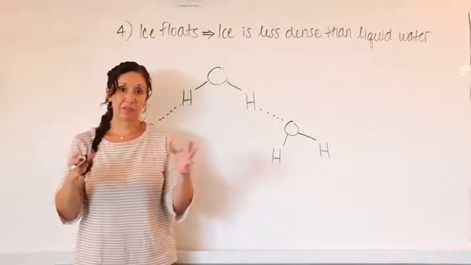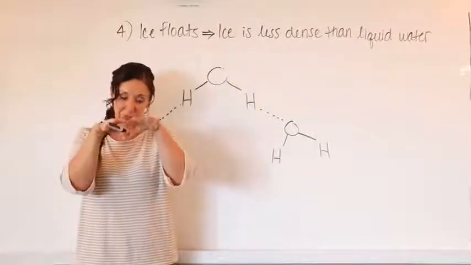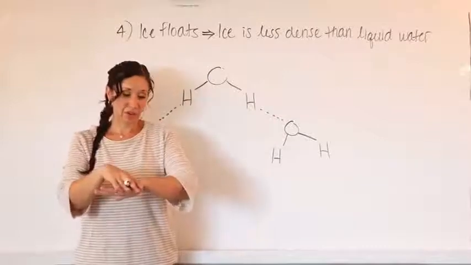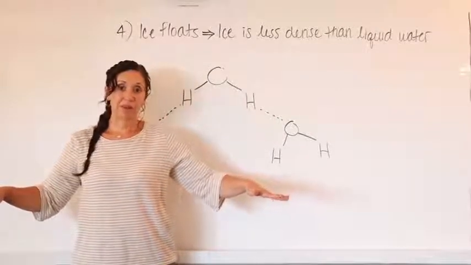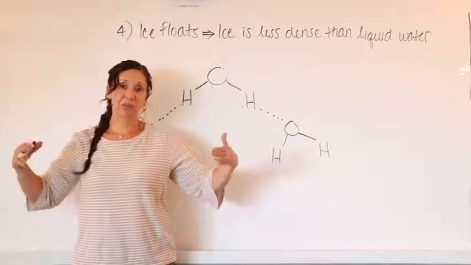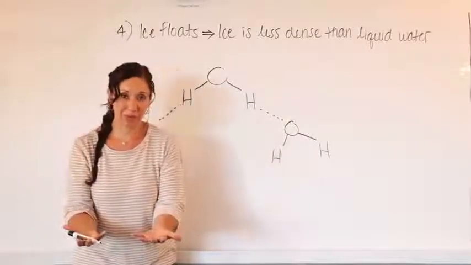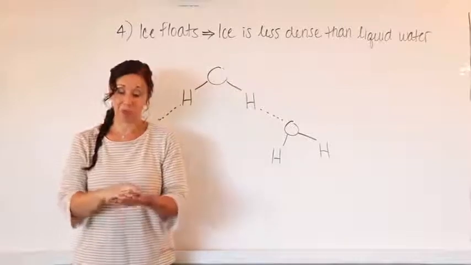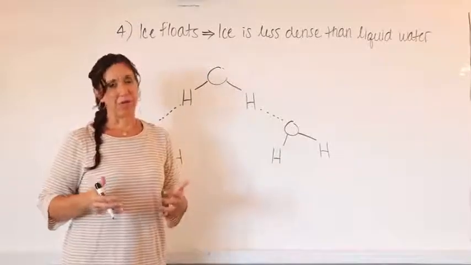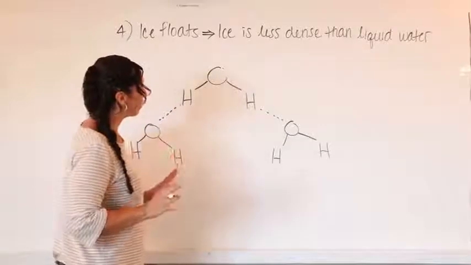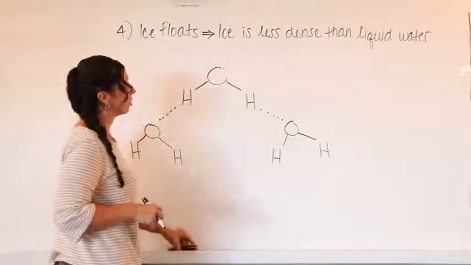If that ice was more dense than liquid water, that ice would sink to the bottom. That would kill all the plant life growing in the ponds or in the rivers, and eventually that would affect the ocean dwelling organisms such as fish and whatever else you have growing in there. So if ice sunk, that would be really, really bad. So it's a great thing that ice is less dense than water.